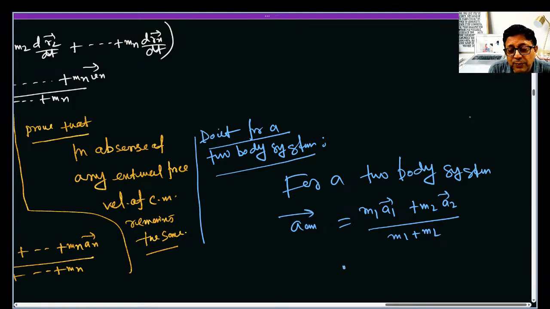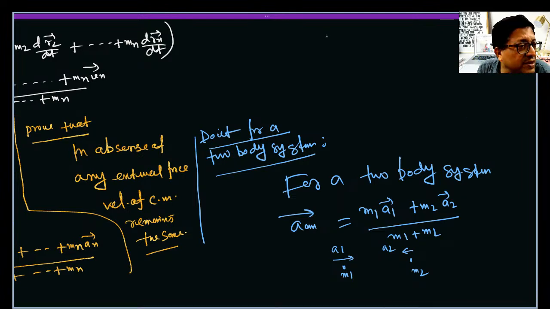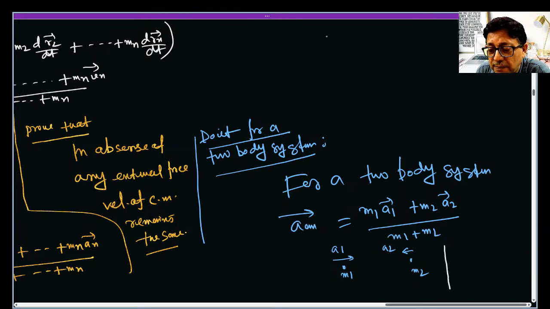So this mass M1, its acceleration is A1. This mass M2, its acceleration due to internal force is A2. Just showing the diagram of the situation. This is enough. It may be a 2 mark question maximum, no? But you have to answer.